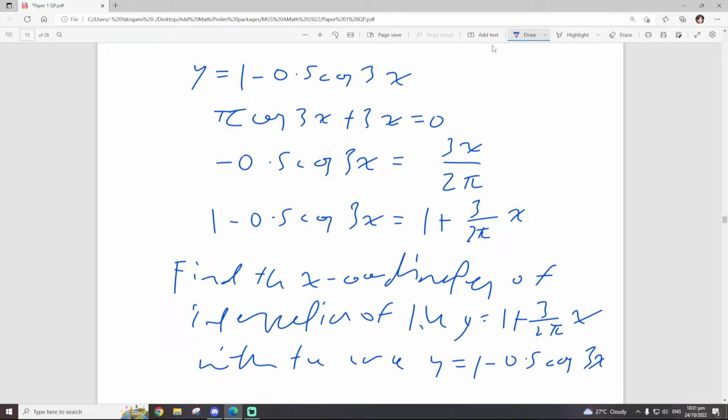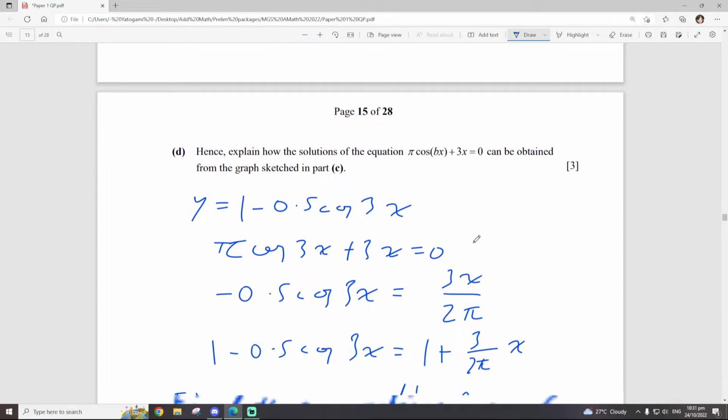If you equate the two together, you can try to get back the equation that you started with, and you should get it. So give me one moment.